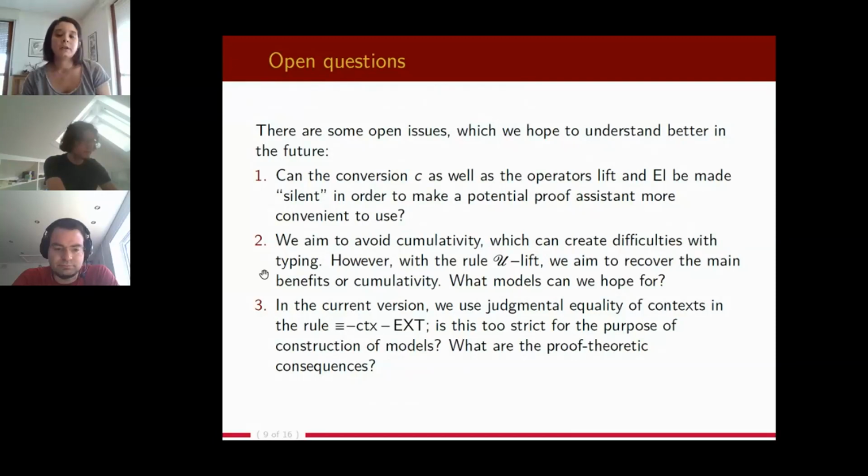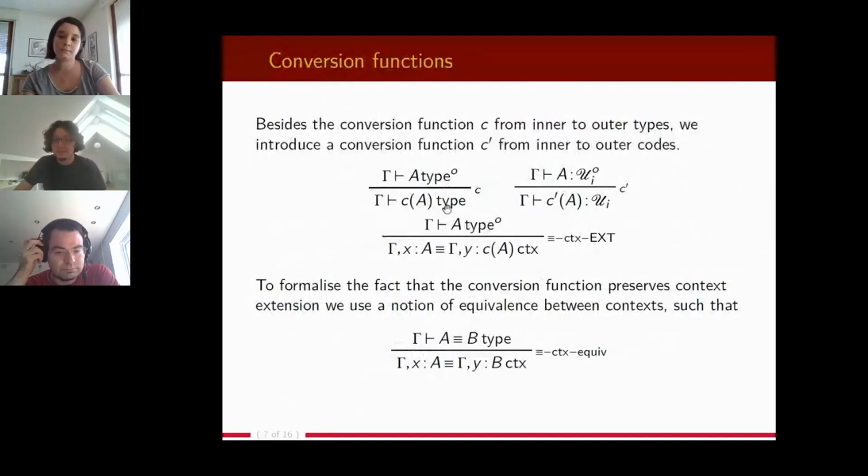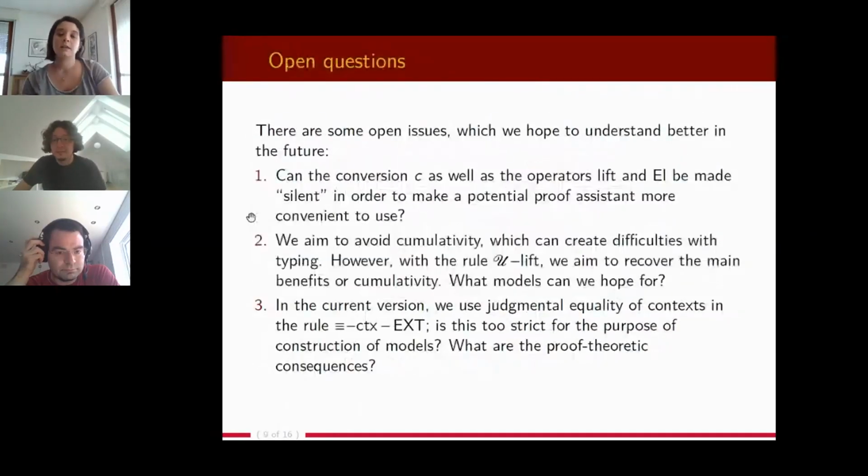And we're wondering which models we can have with this rule. And again, about models, we have an open issue also with this other rule, this equivalence of context, because it may be too strict.